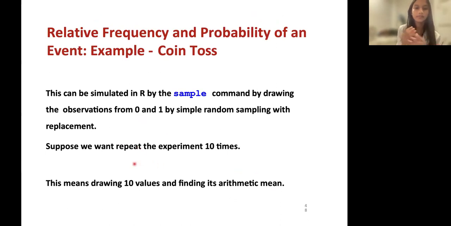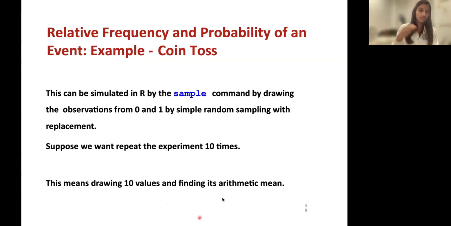Let's say we repeat the experiment 10 times. This is random sampling, which we saw in the last class. How do you do random sampling? You can do it with replacement, because when you toss a coin once, the outcome is head or tail. You note it down. When you repeat the experiment, the outcome again can be a head.